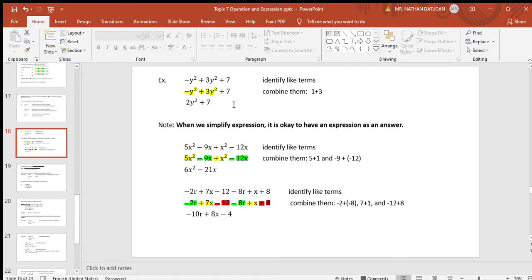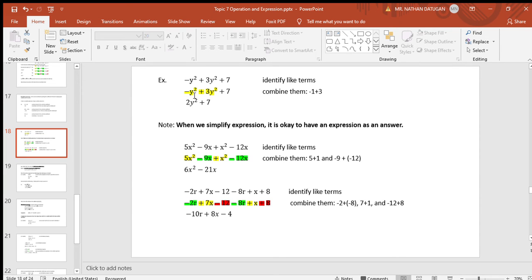Now we have a bit more difficult one. We have negative y squared plus 3y squared plus 7. We're going to identify the terms. Again, first, what are the terms? We have negative y squared, plus 3y squared, and we have 7.